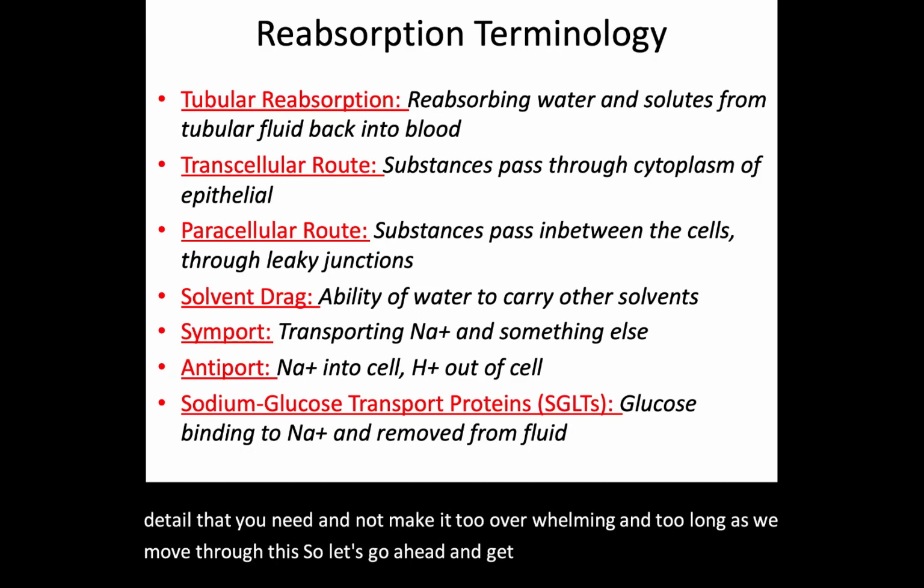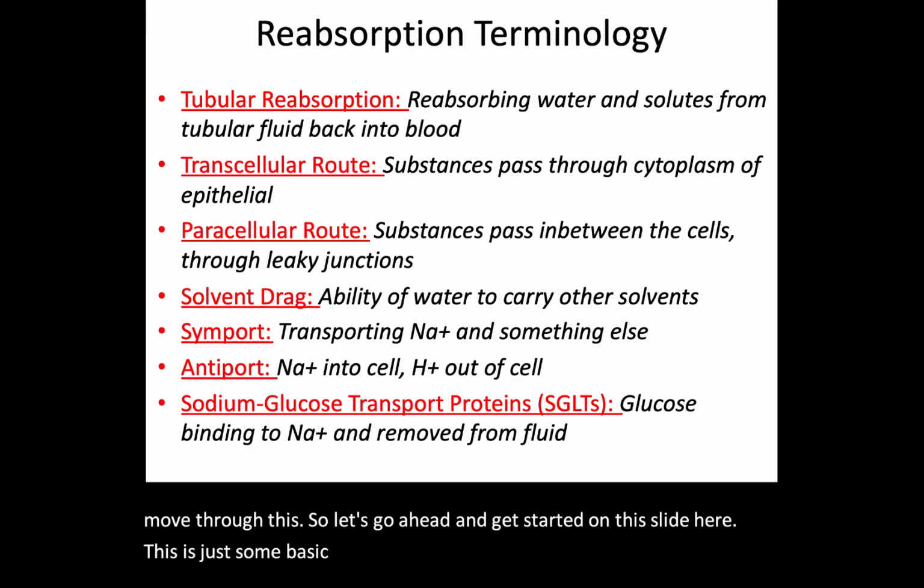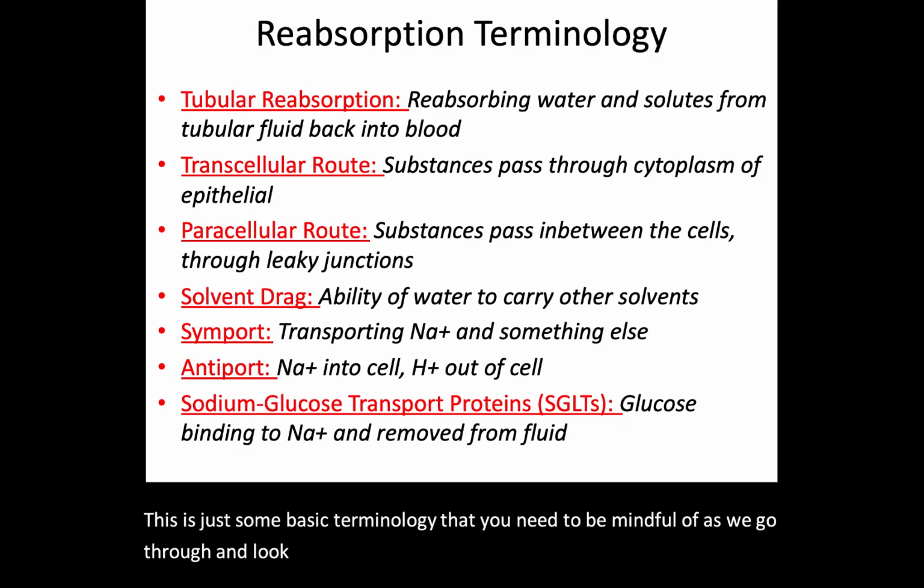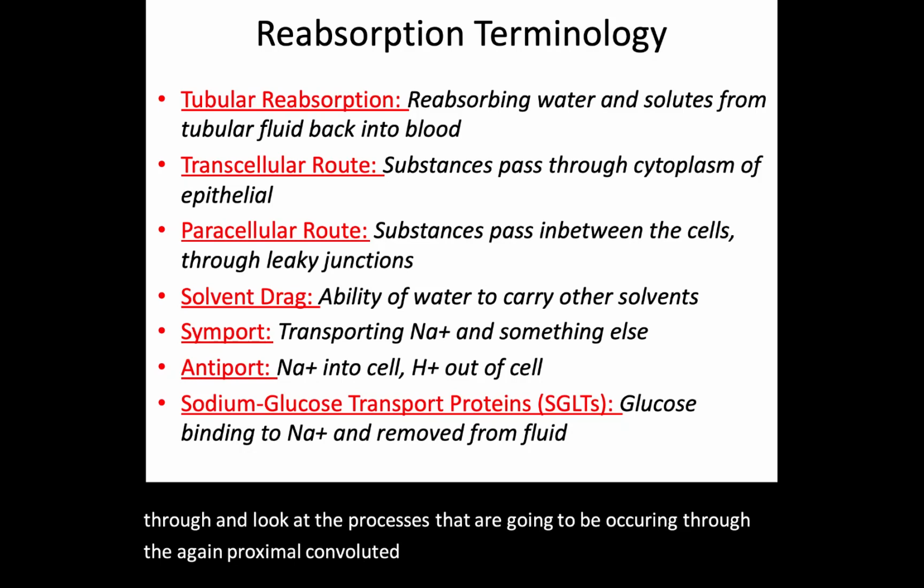On this slide here, this is just some basic terminology that you need to be mindful of as we go through and look at the processes that are going to be occurring through the, again, proximal convoluted tubule, the loop of Henle, and the distal convoluted tubule.